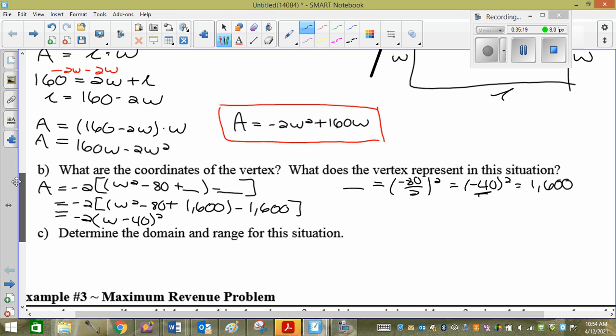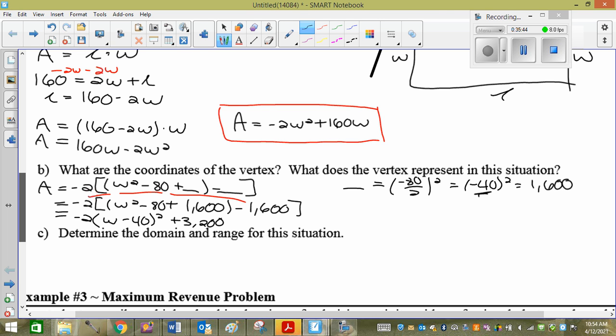And then what's our constant term? What do we have to do first? Anna, what do we have to do here? We have to distribute the negative 2 and the negative 1600. Yeah, and then so what does that become? What is our constant term? 3,200. Plus 3,200. Awesome.